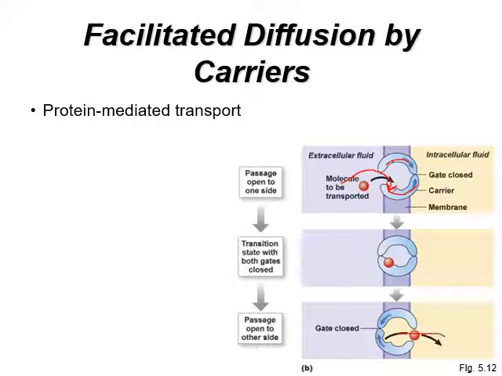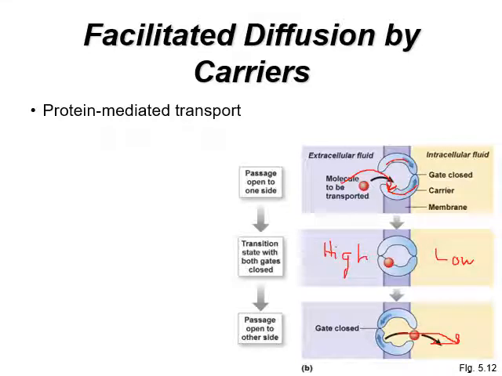And then the molecule can be released and brought inside. But again, for this molecule to move from here to here in facilitated diffusion, what must we have? We have to have a high concentration of this molecule out here and a low concentration in here, because again, this is facilitated diffusion.